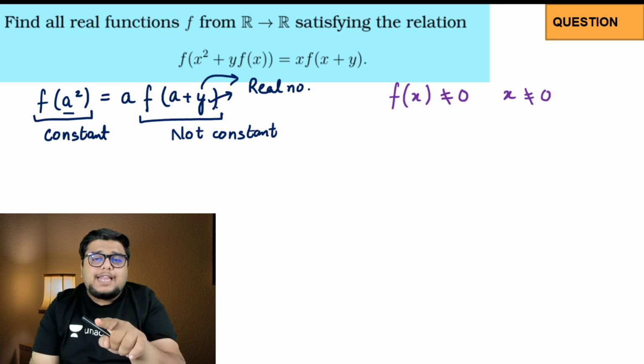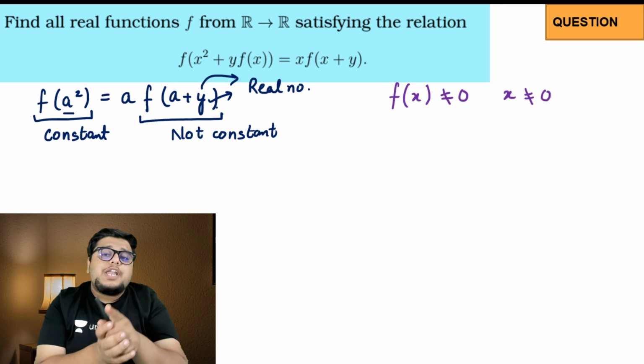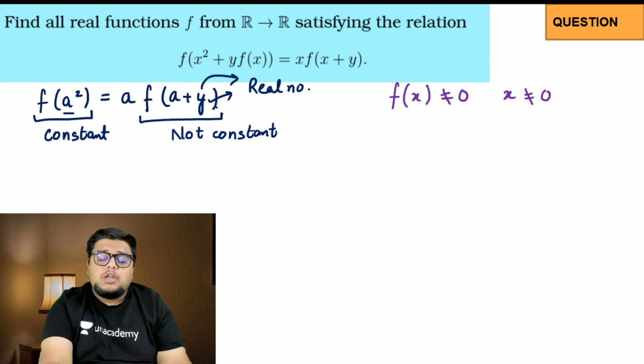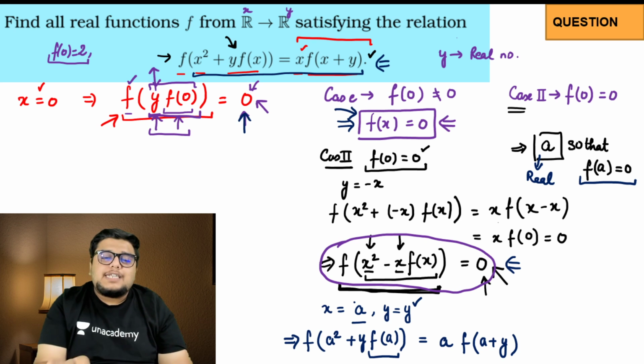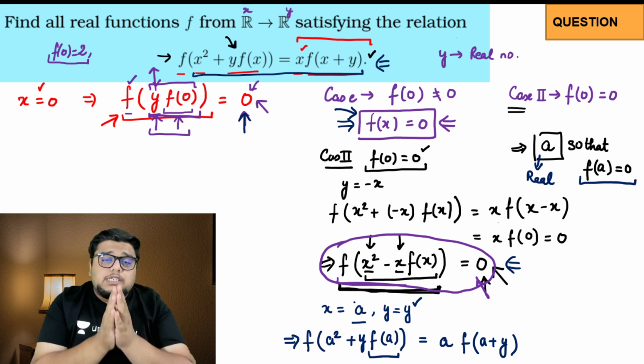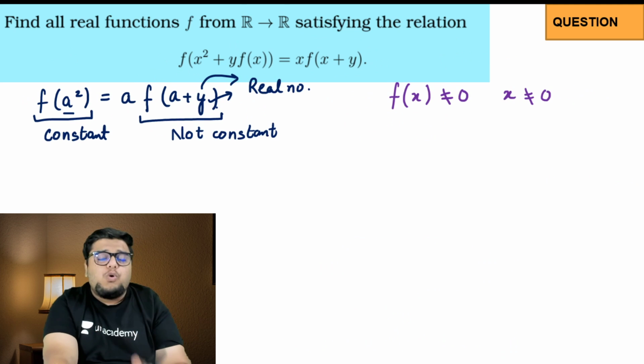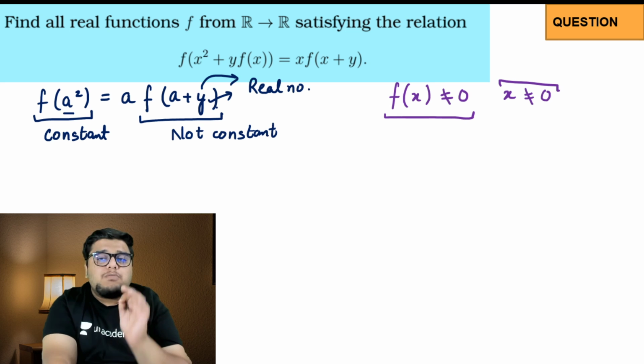Now if I say this, f of x is not equal to 0 for any value of x apart from 0, let's go back to the previous part. We got this result. This result basically said that f of something is equal to 0. But we just proved that f of x is not going to be equal to 0 for any other value of x apart from 0.